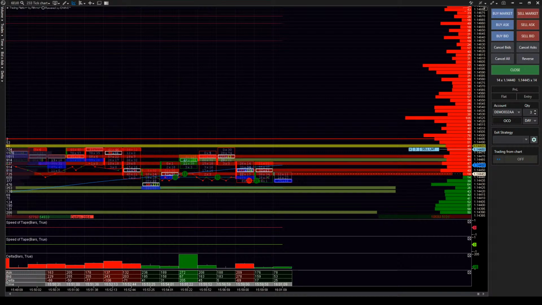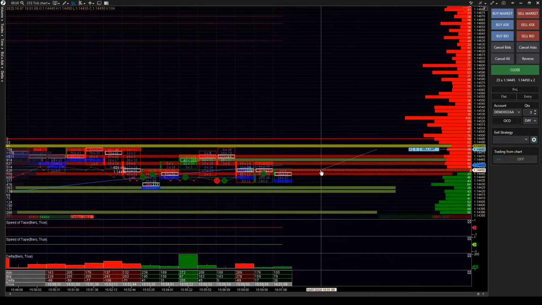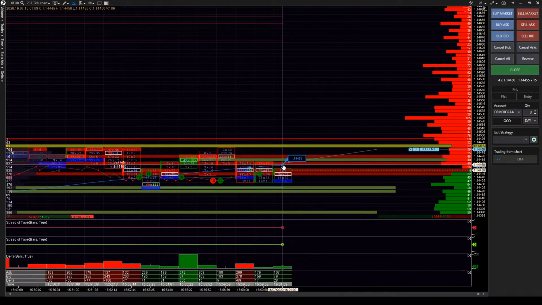So let's see if we can get filled before setting up all these parameters. Let's measure our target first. Let's use the ruler. It's going to be pretty short because the deviation is very close to our entry. So it's just a quick trade.